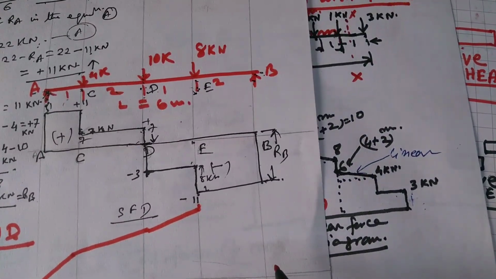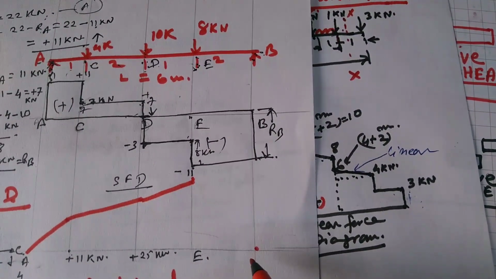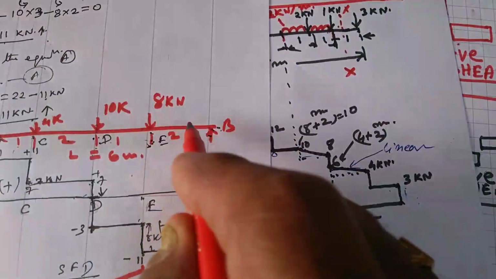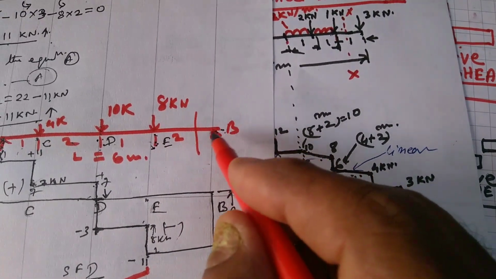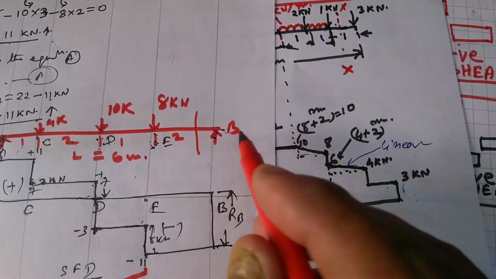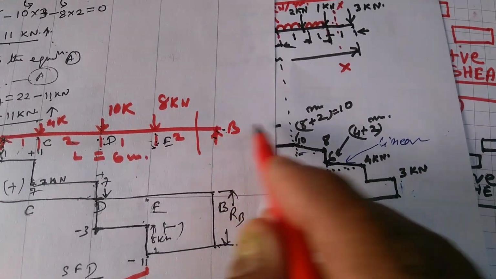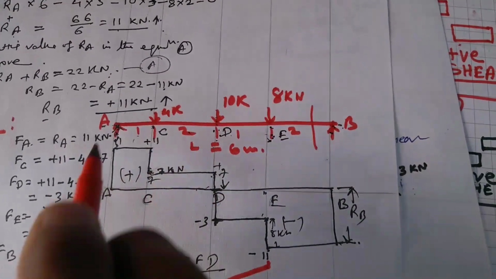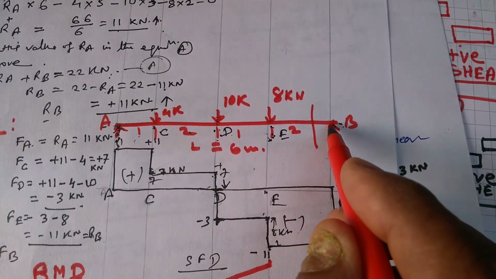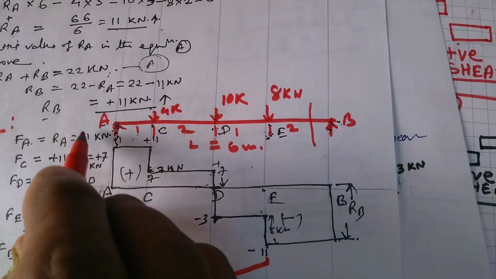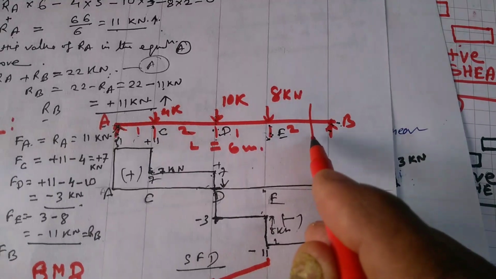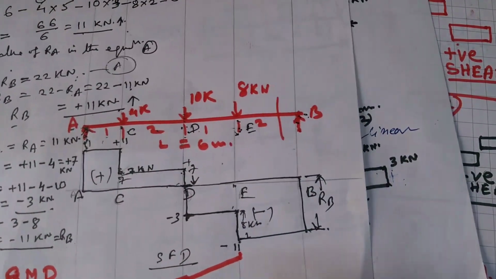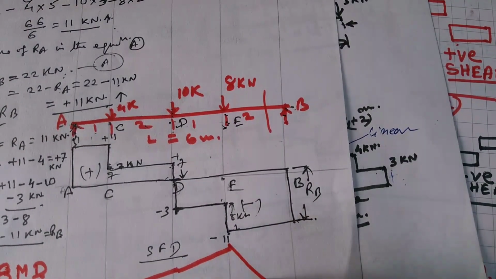And bending moment at B, since there is no distance, if you take the section here and calculate, the bending moment is 0. Alternatively, if you calculate all the forces on the left-hand side, ultimately you will get MB as 0. So here 0, just write down like this.